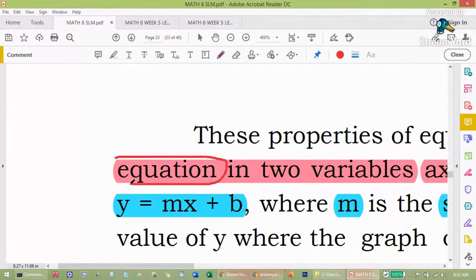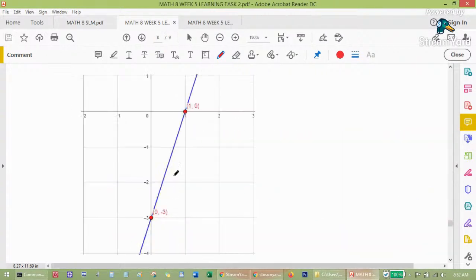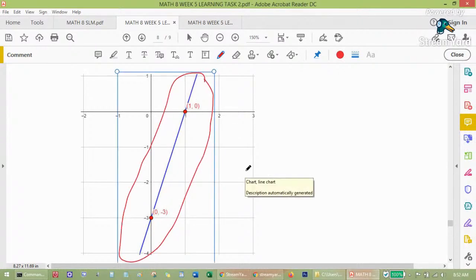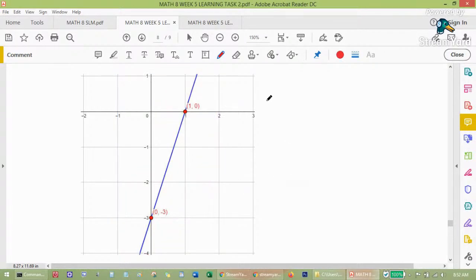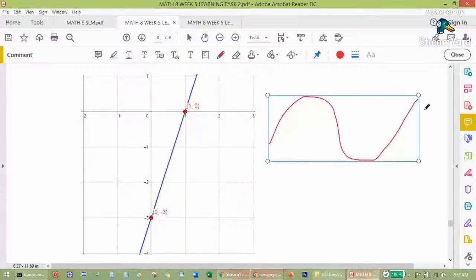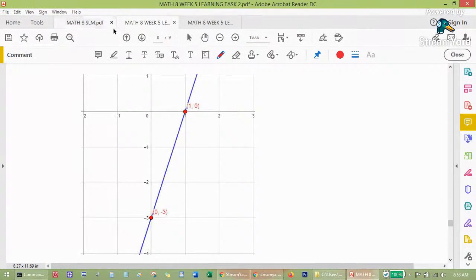So, linear equation, ito yung mga equation na kapag ginraph natin, will produce a straight line. Yung graph niya ay mga straight. Yung iba is parang ganito, parabola. No? Iba circle, iba sign, ang graph. Okay? So, yung mga linear ay straight ang graph nila.